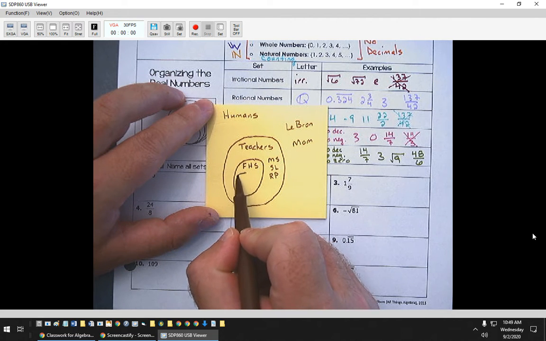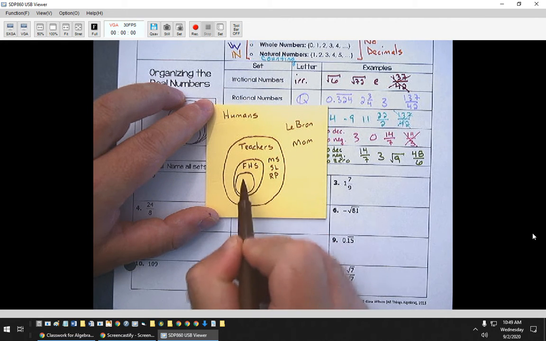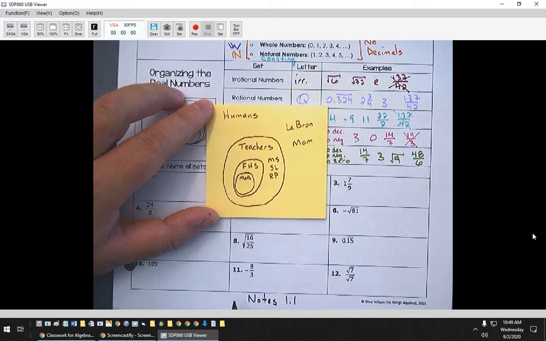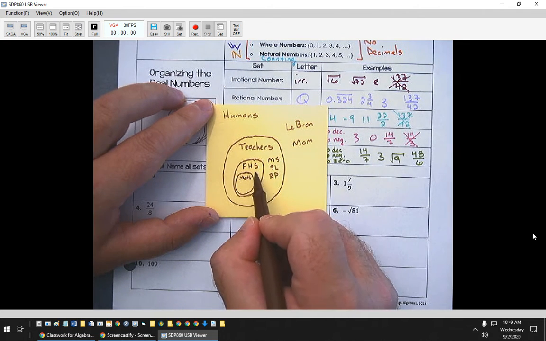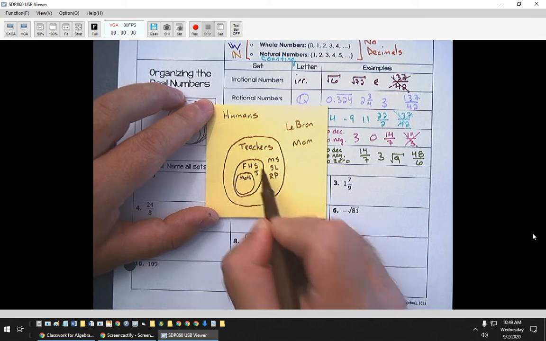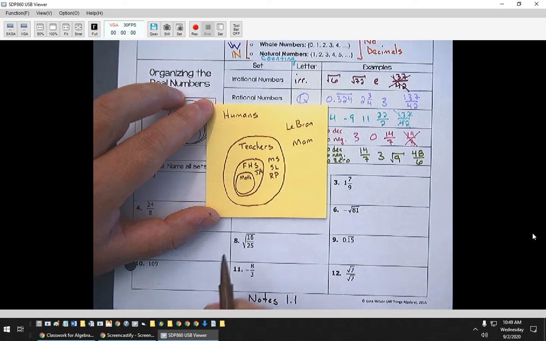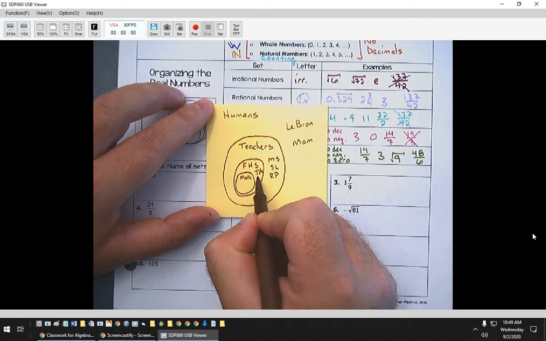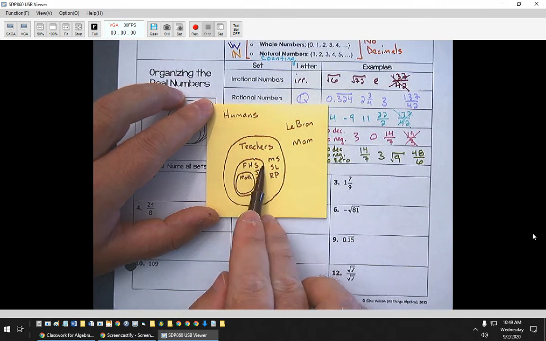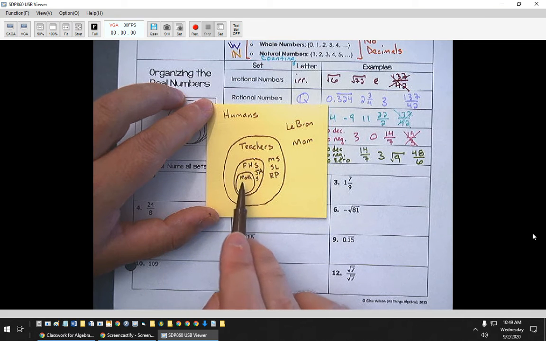Within all the FHS teachers, there's another group. These are the math teachers. Let's say Miss Jacobs is in this group. Miss Andre, thinking of my neighbors here in my hallway. Mr. Swanee, he's in this group, but he's not in with me in the math teachers.